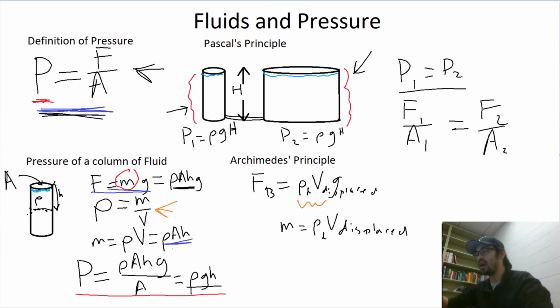So what this says is that this mass is going to be the mass of water that's displaced by having an object in it. So really what Archimedes' principle says is that the buoyant force is going to be equal to the weight of the fluid that's displaced by the object that you're putting in it.